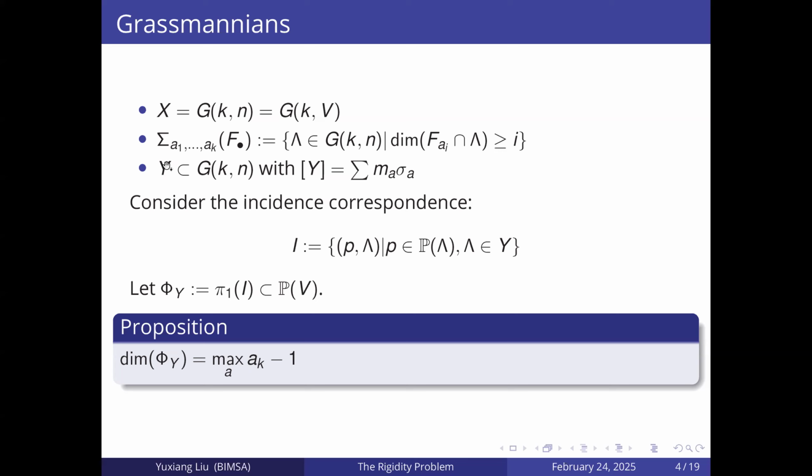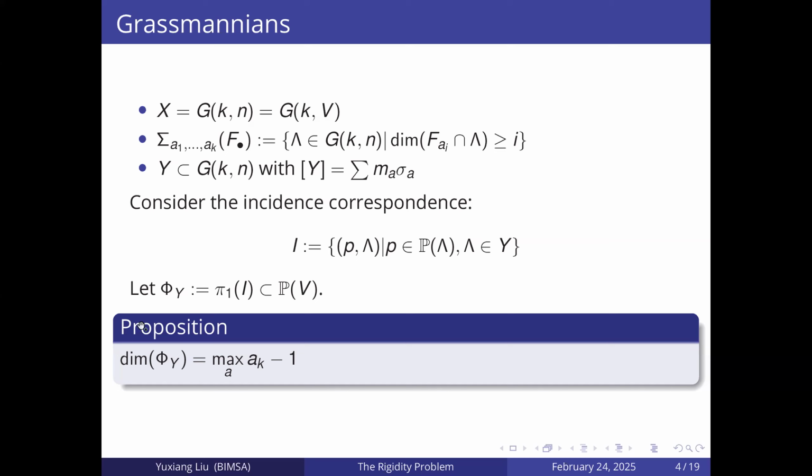Then we take a subvariety Y of X, and we write its class as a linear combination of Schubert classes. Then we can consider the incidence correspondence of a point in a k-plane, for k-planes in Y. It maps onto Y under the second projection, and we let phi be its image under the first projection.